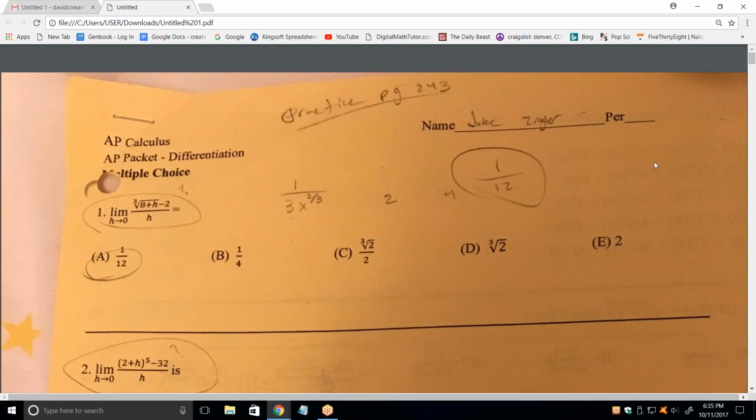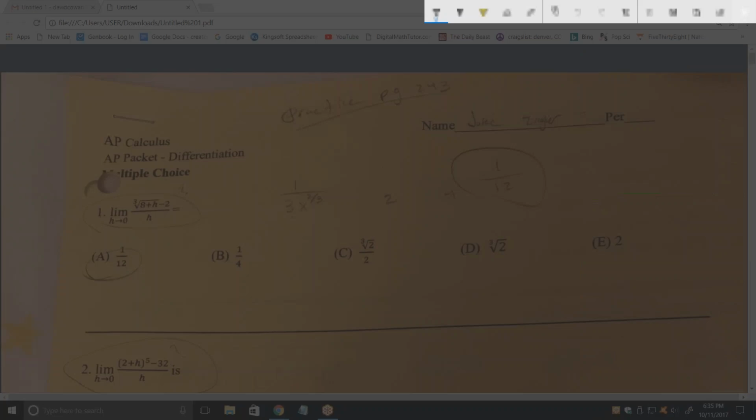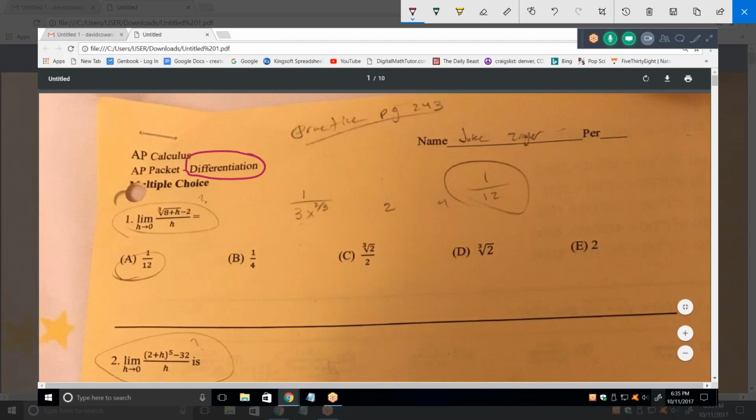Mainly because of this word right here, differentiation. In other words, it's not a limit problem. What it is, is knowing what the definition of differentiation is. Well, remember what the definition of differentiation is.